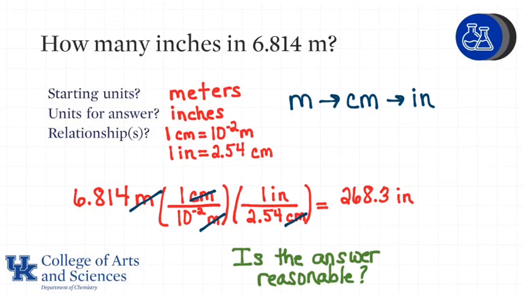So this is a reasonable answer. If I had gotten a value of 0.2683, that would have been a sign that I had the wrong setup, that I made a calculation error, that there was something wrong in my problem. So in this case, I see exactly what I expect to find, a fairly large number relative to the number that I started with.